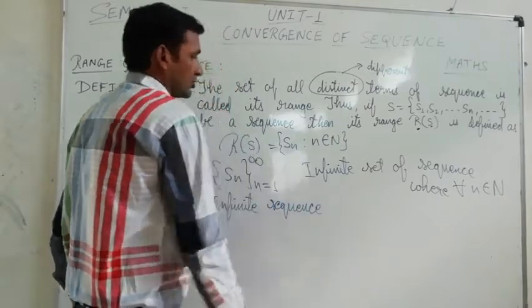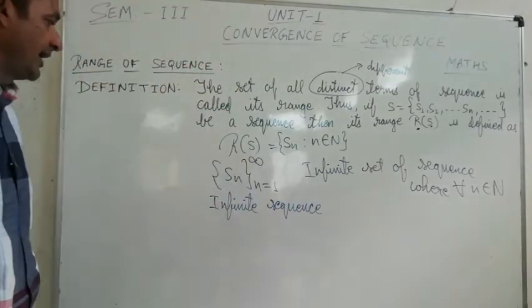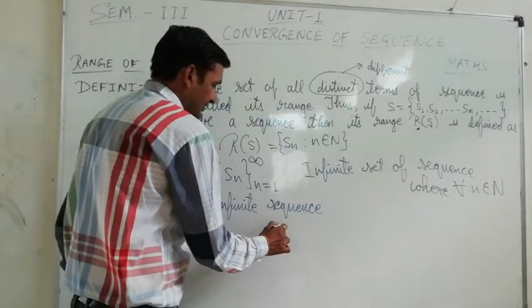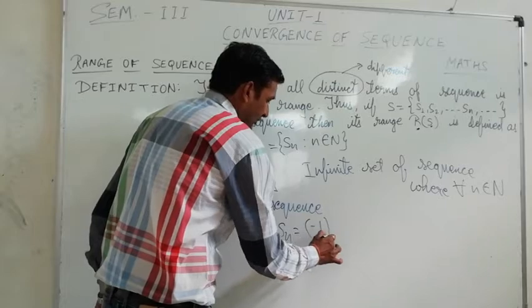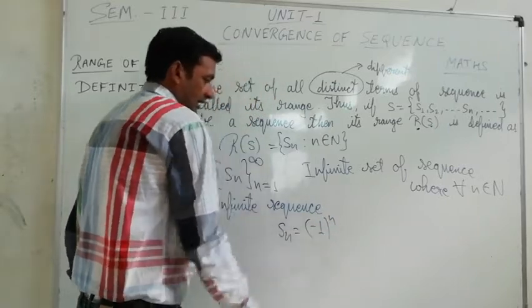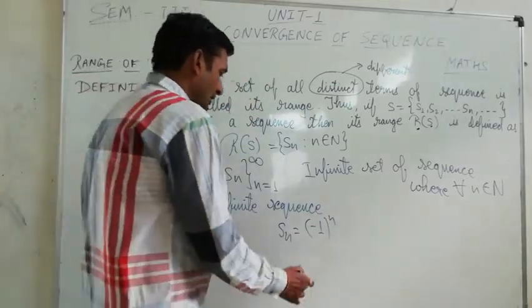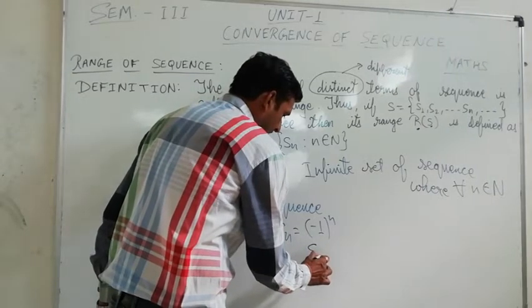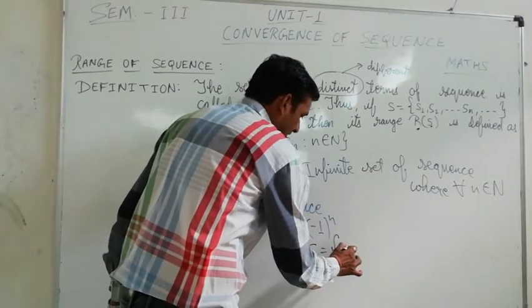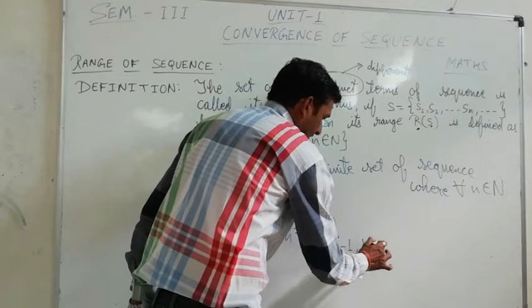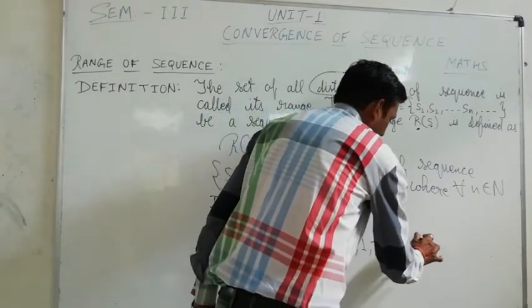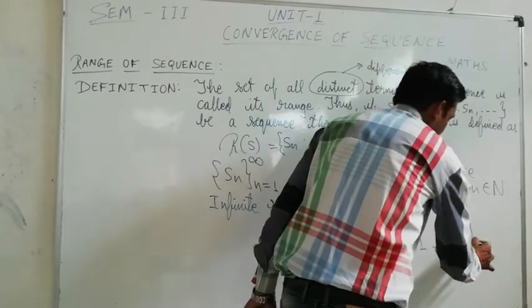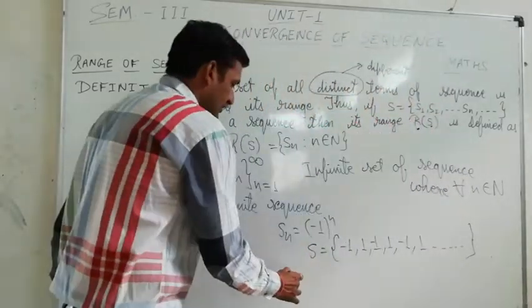This is also known as an infinite sequence. Suppose it is defined as Sn = (-1) raised to the power n. So we may conclude that S = -1, 1, then again -1, then 1, then -1, then 1, and so on. What is the range of this sequence?